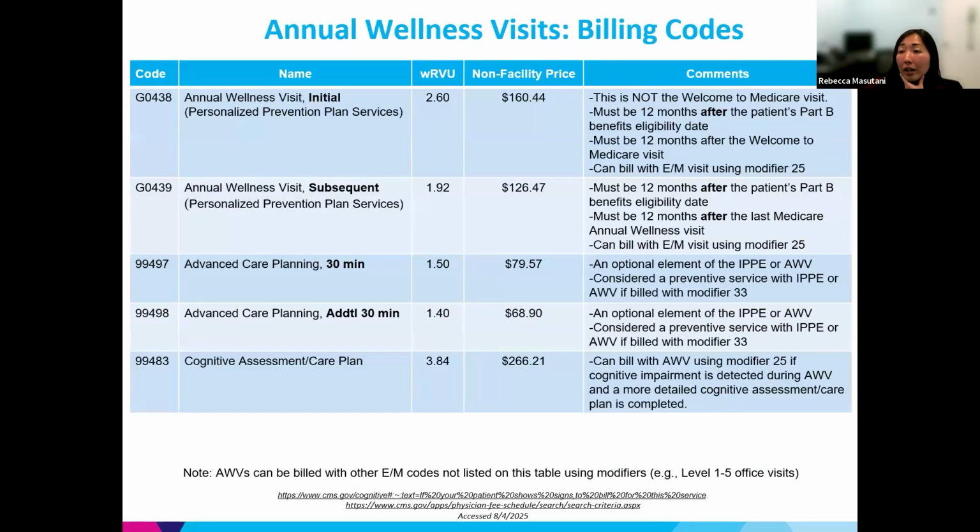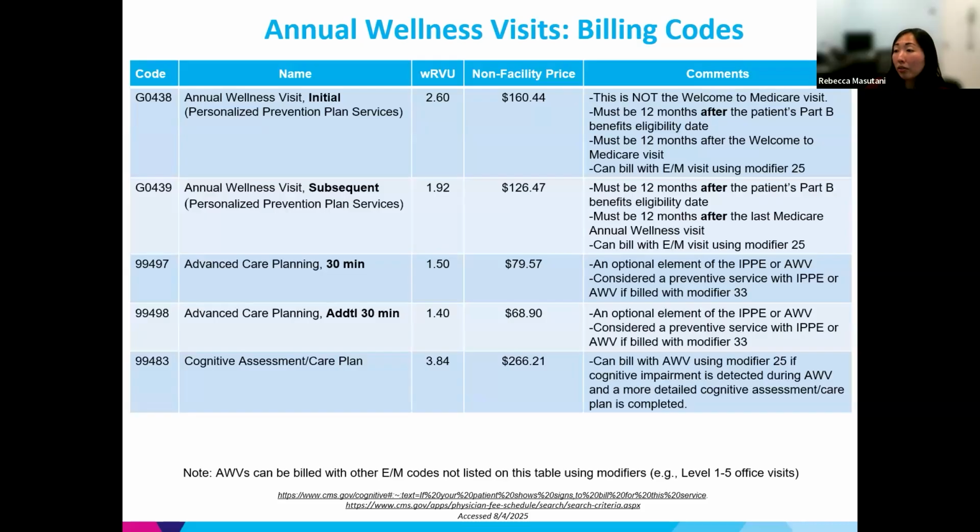So now that we've discussed the requirements for Medicare annual wellness visits, I wanted to briefly take this time to review billing or CPT codes that may apply to providers who are conducting annual wellness visits in their practice. So to orient you, the table outlined on this slide lists the CPT codes for the respective service provided to patients, the work RVU associated with these codes, and the national non-facility Medicare price for each service.